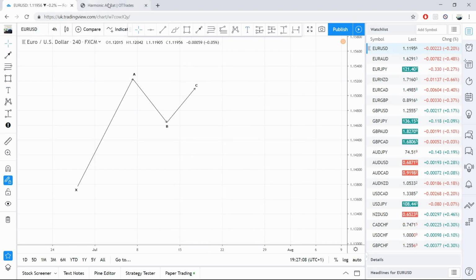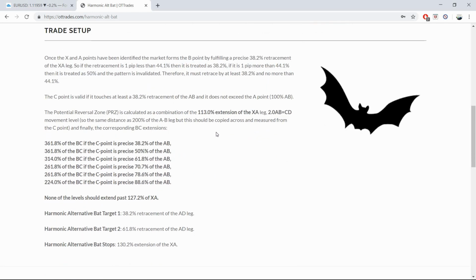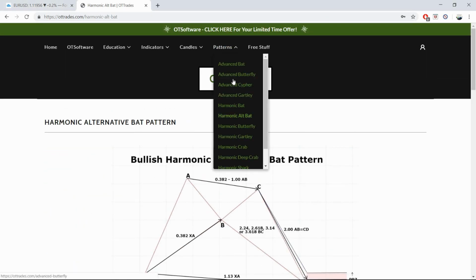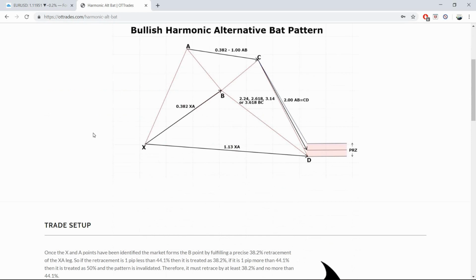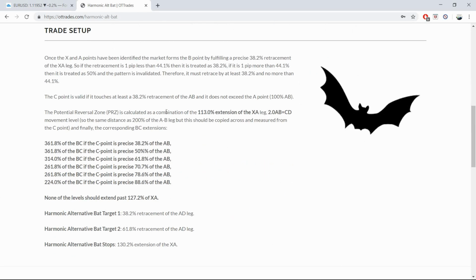Okay. Now finally, our D point. This is the most complex part of these harmonic patterns. So the D point is no longer a single point like we have in our advanced patterns. In harmonic patterns, apart from the shark and alternative shark, they're made up of a potential reversal zone.